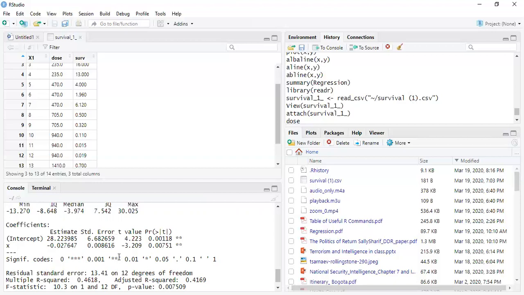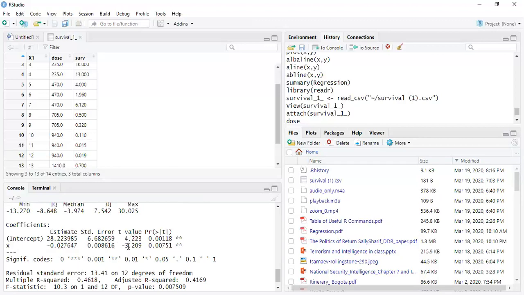So if we kept doing samples with the doses and survival, it might not be 0.027647. It could be 0.031 or something like that. It could be anywhere around this area.